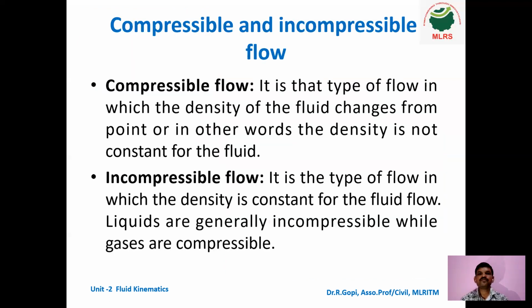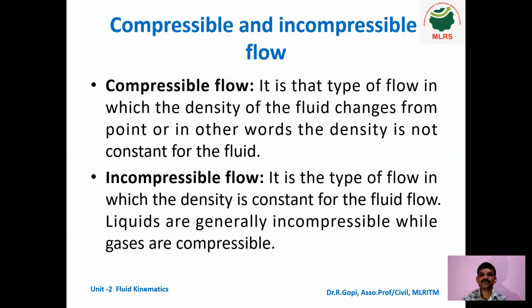Next, another important type of flow is compressible and incompressible flow. What is meant by compressible flow? It is a type of flow in which the density of the fluid changes from point to point. So in this compressible flow, we focus on density. Suppose a liquid is there.